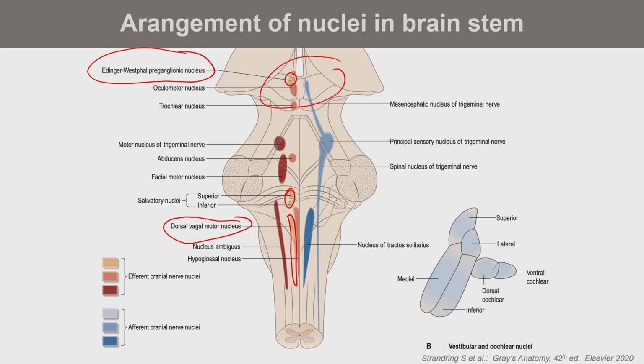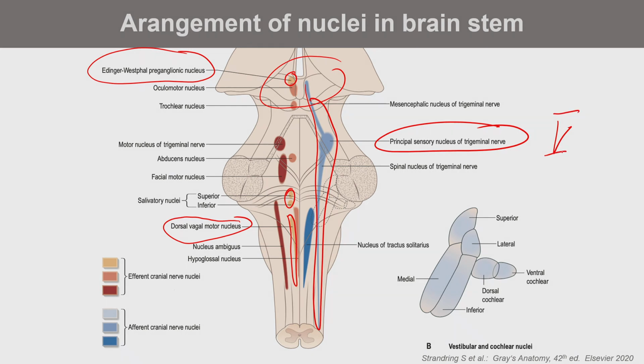So this is. For sensitive, we have a very long, and you can see that the principal nuclei of the fifth nerve are distributed between the mesencephalon and the spinal cord, and then you can see here the somatotopic organization of the sensory fibers of the trigeminus.